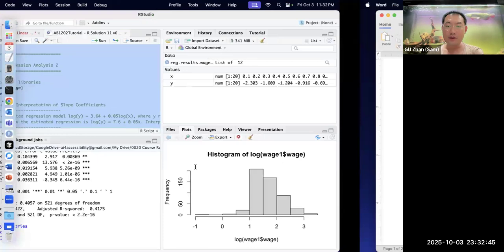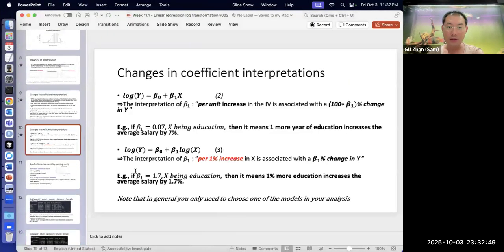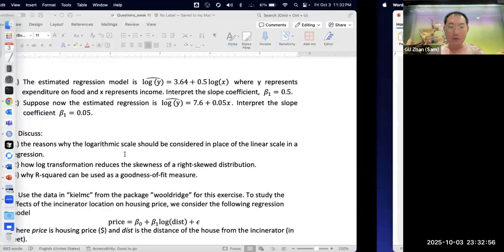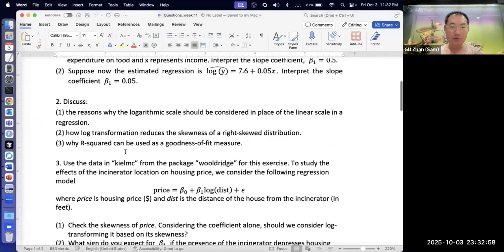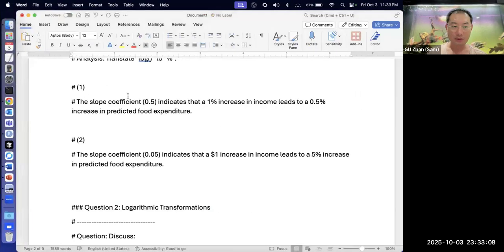Yes, right, a 5% increment in the food expenditure. The theory that we're using here is shown here, so look at these two. Okay, then question two: discuss the reason why logarithm scale should be considered in place of linear scale in regression. Okay, so question two.